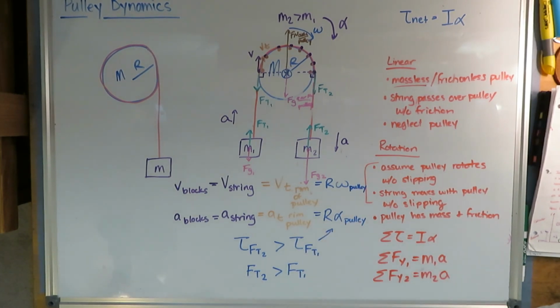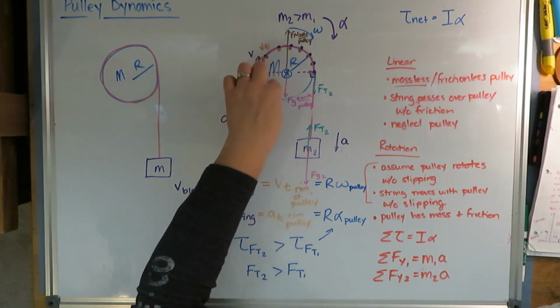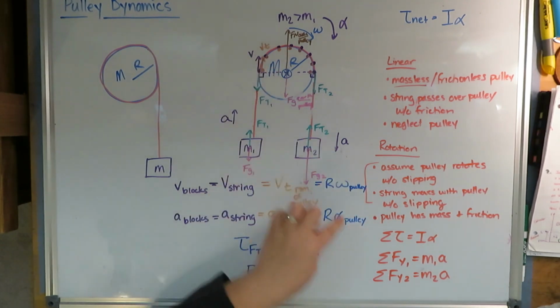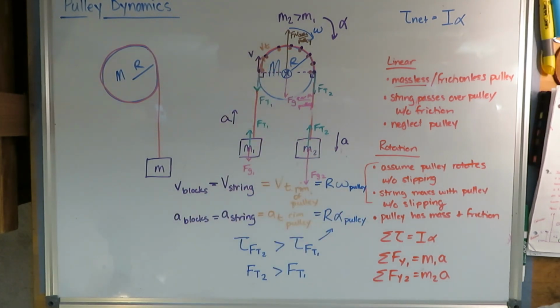And you're going to end up with a lot of unknowns. But once you've done your rotational equation for the pulley and your linear equation for each of the masses, you're also going to need to use these types of equations in order to relate linear and angular acceleration.